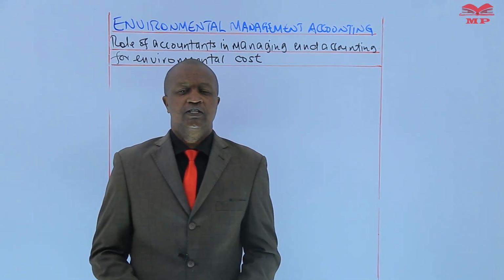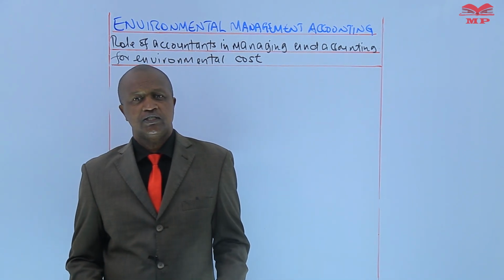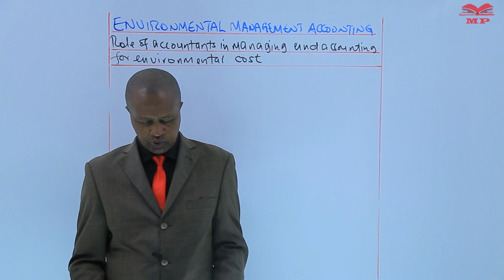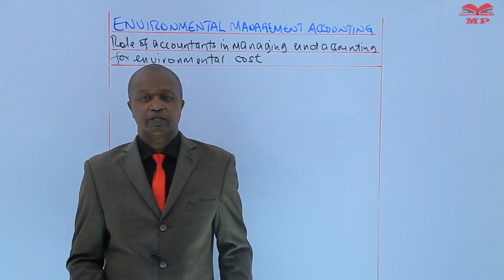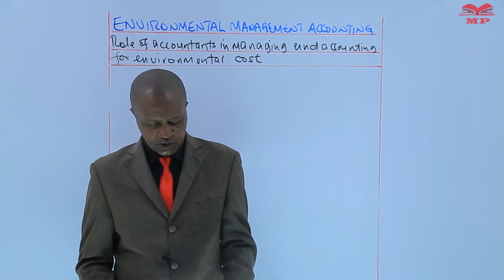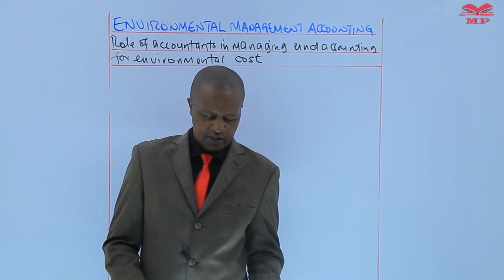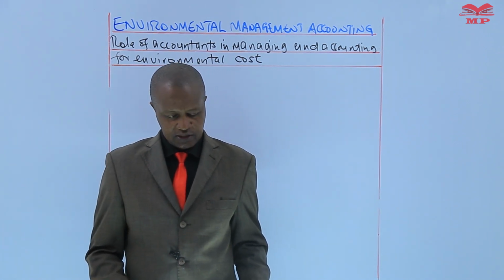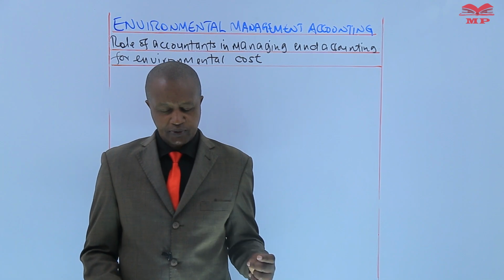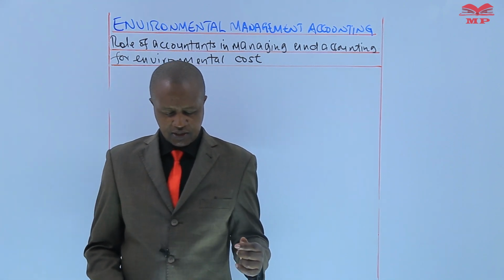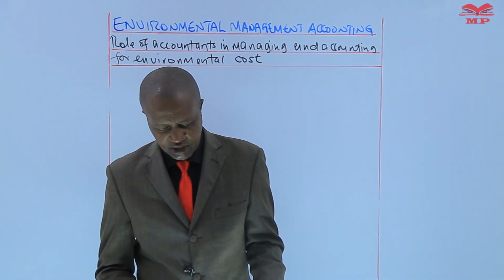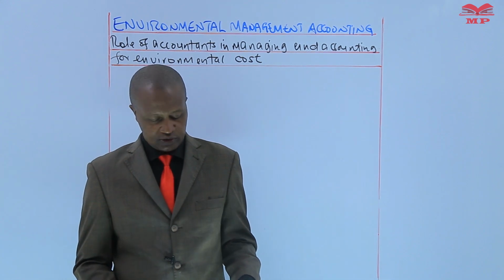The subject is Advanced Management Accounting. Today we are going to start on a new topic known as Environmental Management Accounting. This topic has two subtopics. One, the role of accountants in managing and accounting for environmental costs.